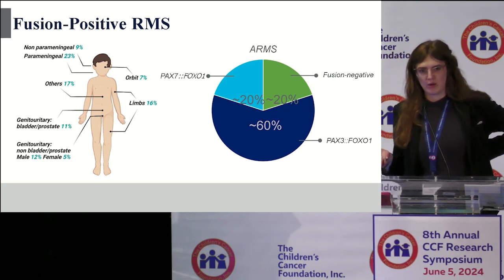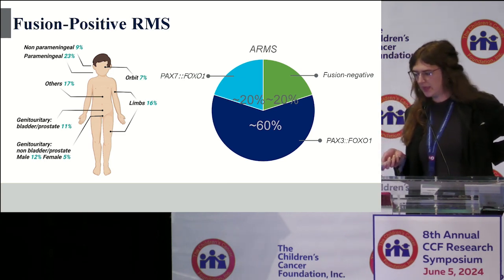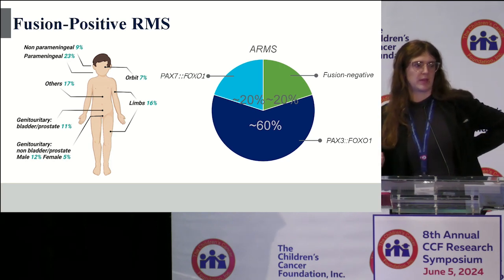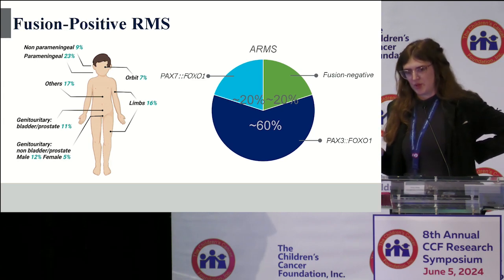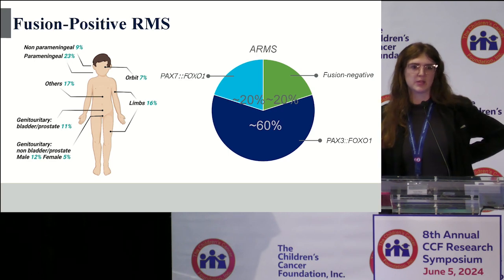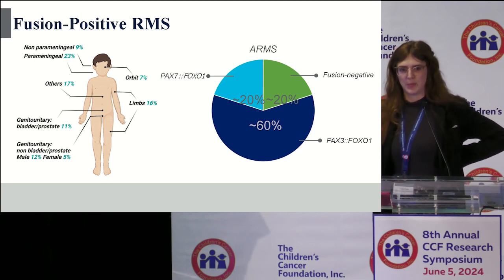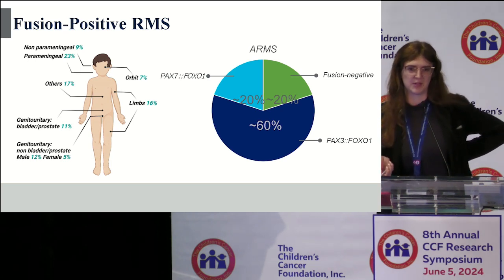So total ARMS cases are about 80% fusion positive. These fusions are associated with a worse prognosis for patients, and it's been shown that they're involved in tumor initiation and maintenance. But interestingly, there aren't any FDA-approved drugs that directly bind to and inhibit these fusion proteins, which is where our lab came into the story.